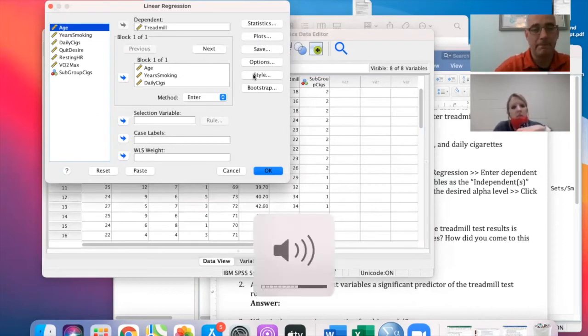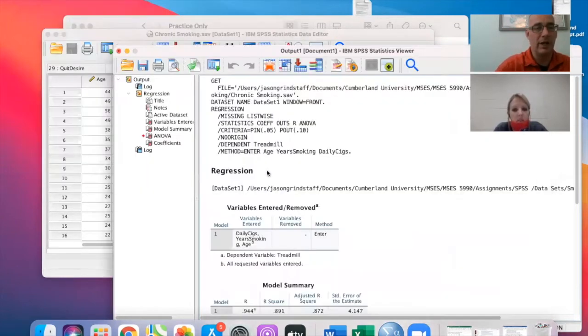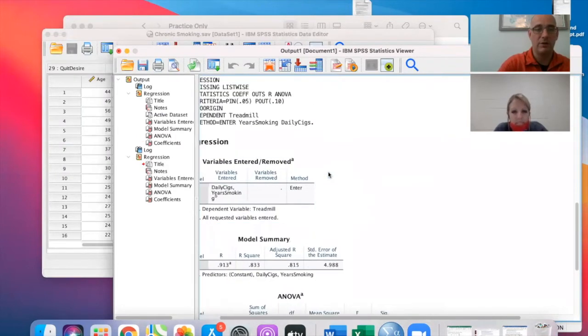And for our independent variables, we were just looking at 2 of them. So you'll take block 1 and take those out. We're taking out age, so just years smoking and daily cigarettes. Perfect. Then we click OK, and now our new regression model.